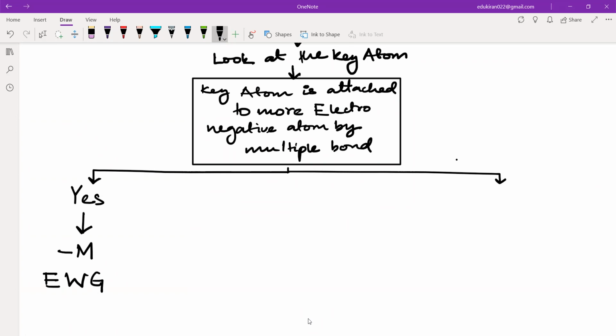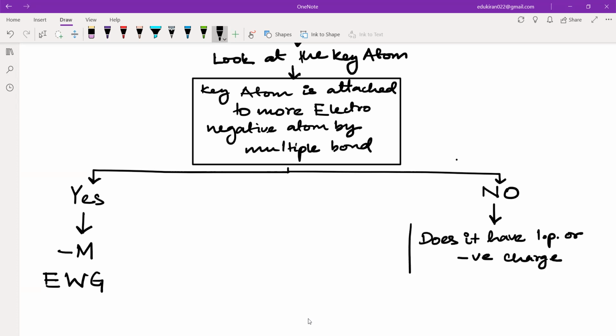If you get no, then you will ask, does it have a lone pair, or a lone pair or negative charge? If the answer to this question is yes, then your group will be plus M.